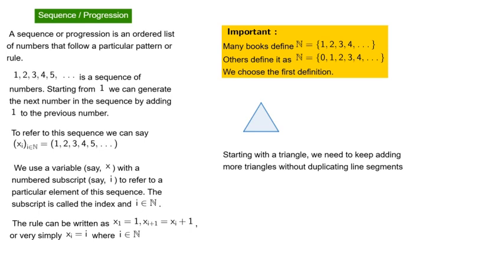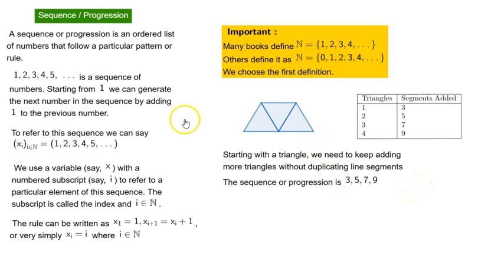We want to add one more triangle to it. We just need 2 more line segments. For the next triangle, again 2 more line segments. So our sequence or progression is 3 plus 2 is 5, plus 2 is 7, plus 2 is 9, and so on.